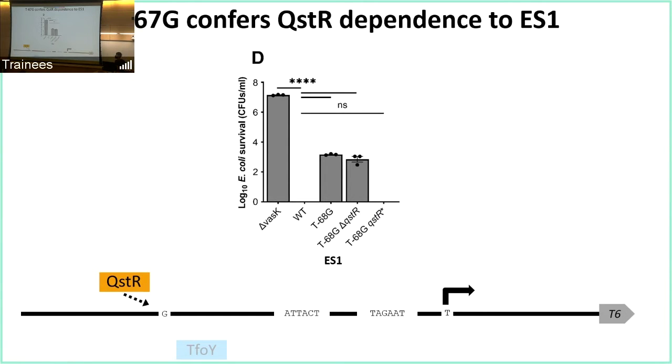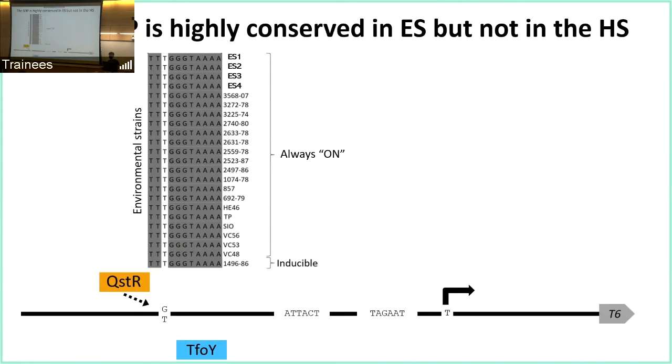Yeah, the next thing we wondered is, is ES1 an exception? Is it a conserved thing? So I looked at a lot of different environmental strains and human strains in our lab that we sequenced a couple years ago. We have a list of environmental strains that all have a T at the -68 site. And they have been shown to be always on.